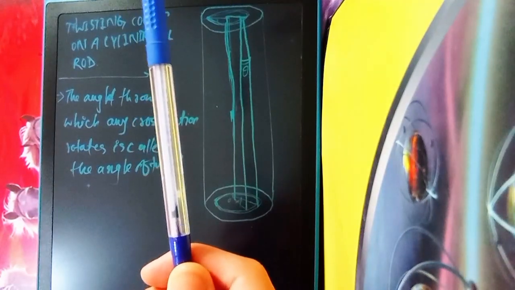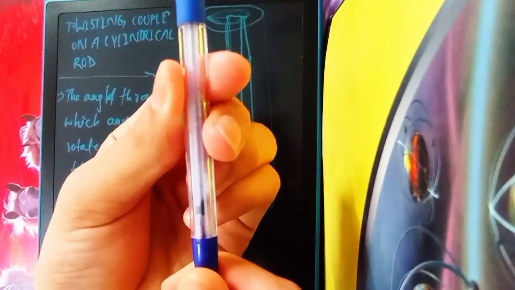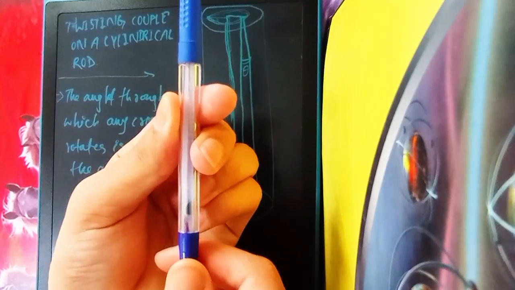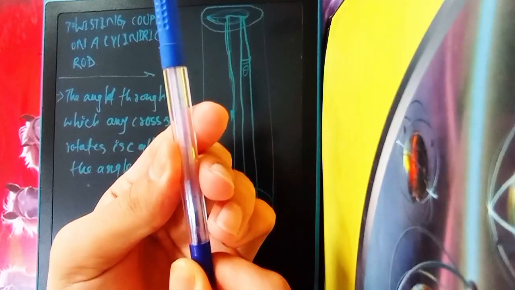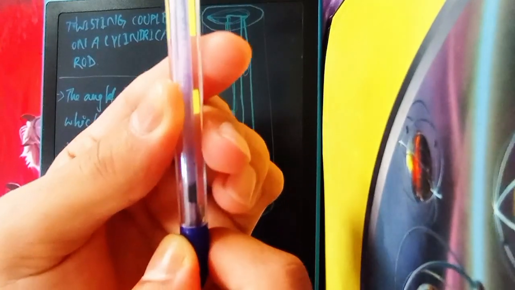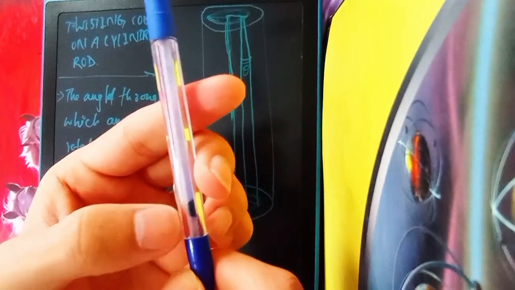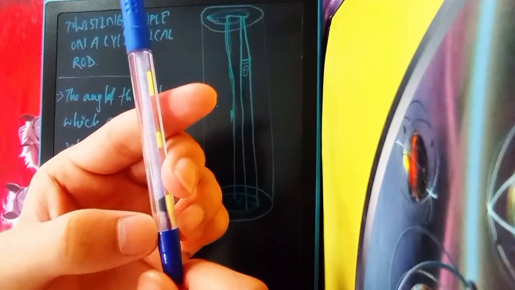Now I hope you can see this mark I put on the pen. When I twist it in anti-clockwise direction, you'll see that originally it was here, and after I twist it goes like here. So it again makes some angle, and this angle at its surface, the outermost side, we call angle of shear.